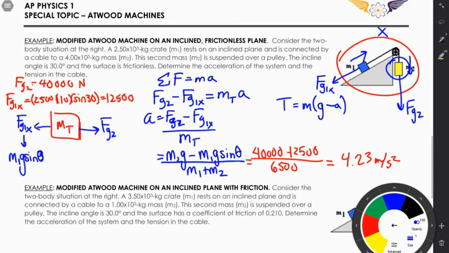That's what it ends up being. So this would be hanging, which is 4,000 times 10 minus 4.23. I think it ends up being something like 23,000. Yep, 23,000.